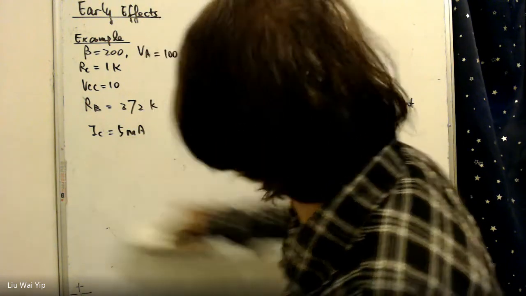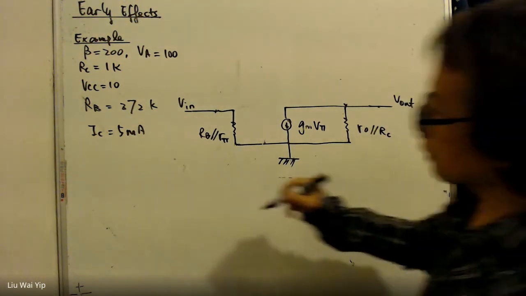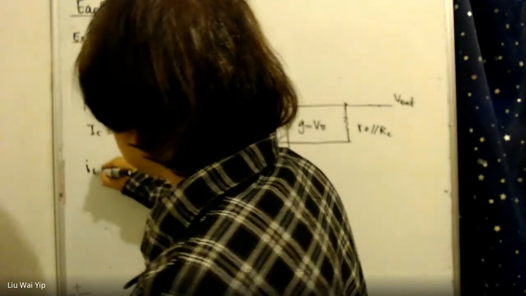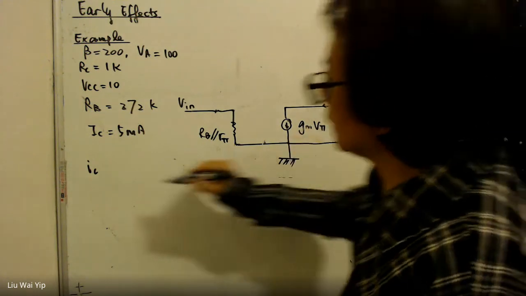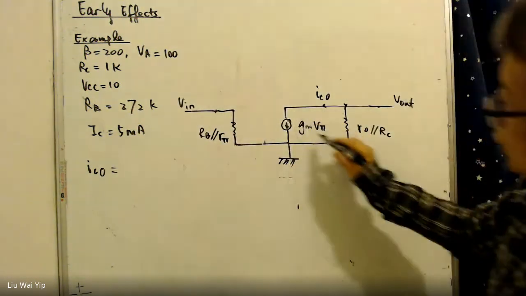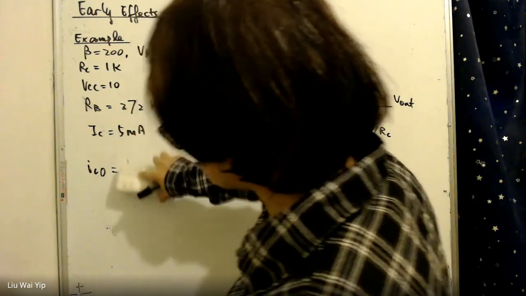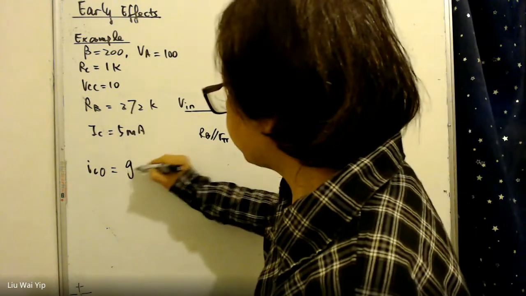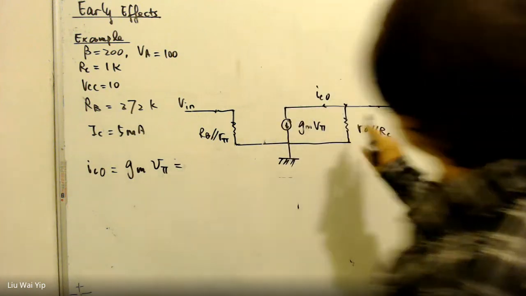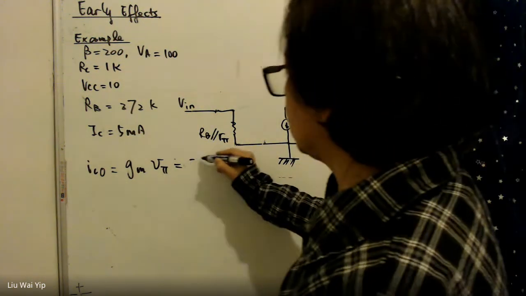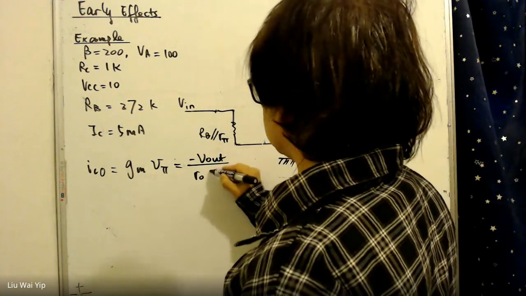So what we do is to calculate the current at this point here. The current at this point is IC naught, which is equal to gm V pi, which is equal to minus Vout divided by R naught.